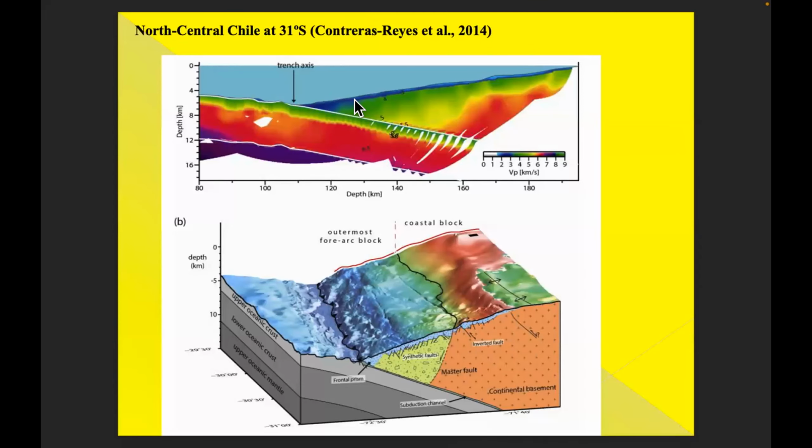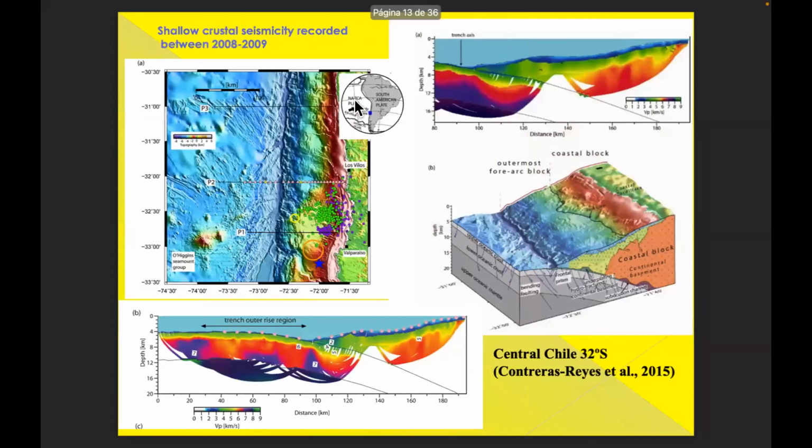This is the same line. And there's another one at 32 degrees, just 100 kilometers to the south, just north of the Valparaiso Basin. The model shows a frontal prism, the Moho, the oceanic crust, and also this abrupt change in velocities landwards. And here is a relatively uplifted feature.